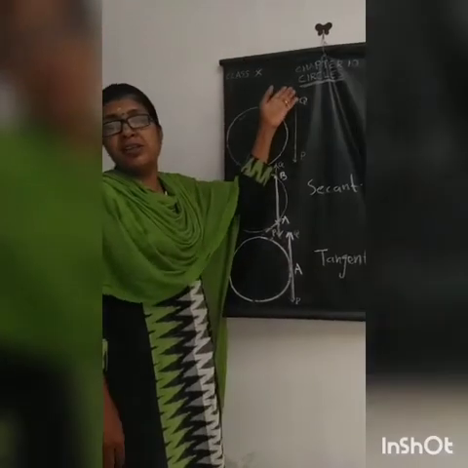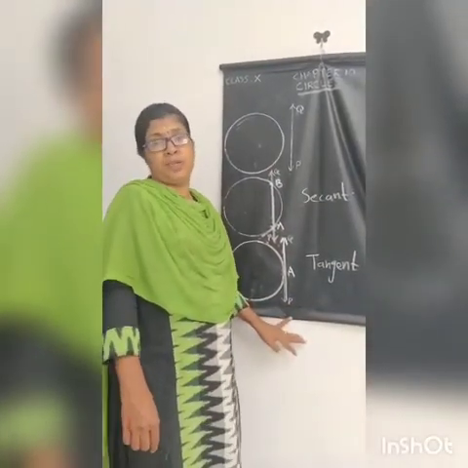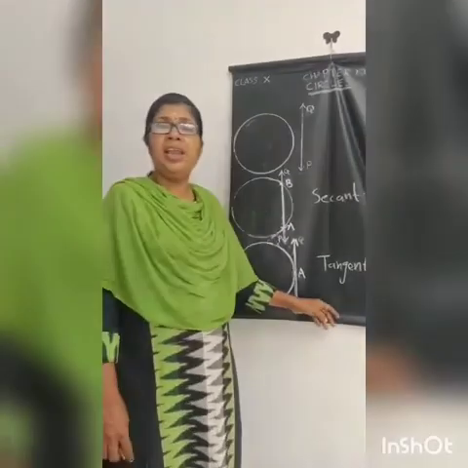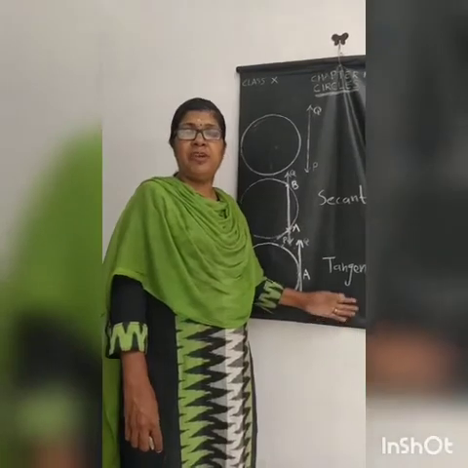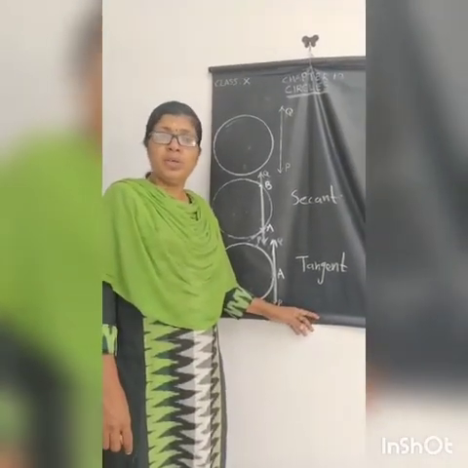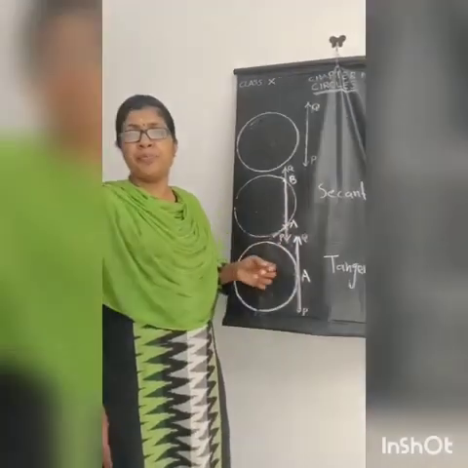In chapter 10, that is circles, we are going to study the tangent and its properties. Can you say some daily life example for a tangent? Have you noticed the pulley fitted over a well?